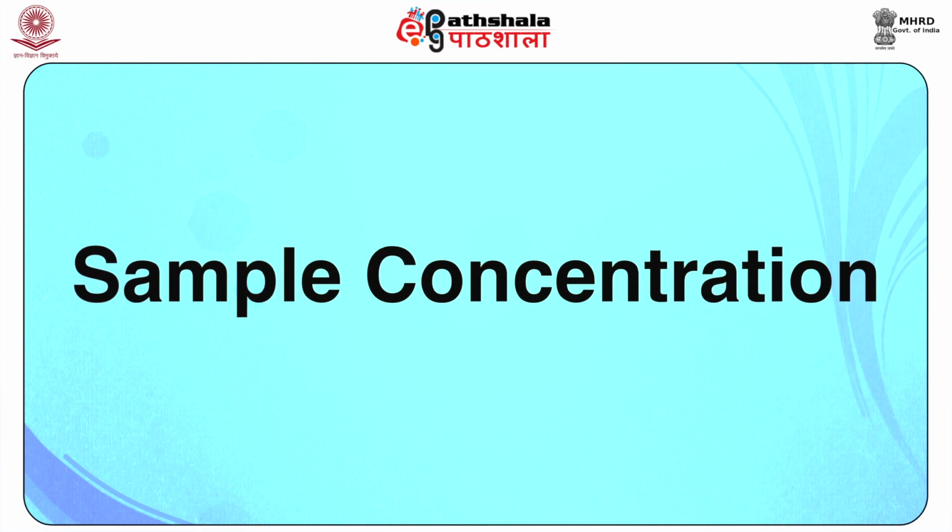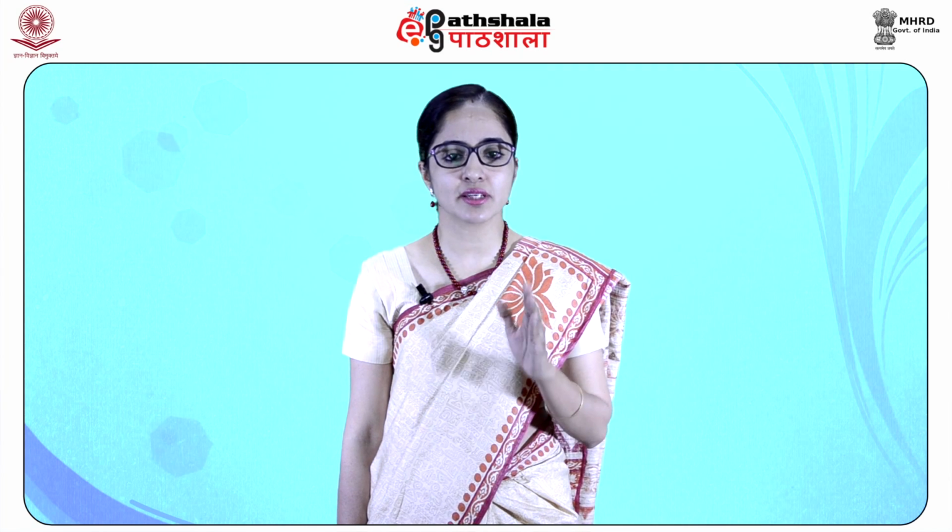Next, the factor to be considered is the sample concentration. Ideally, students, 1 to 10 milligrams of the sample, except in the case of polymers, is generally required to obtain a proton NMR spectrum of an organic compound.